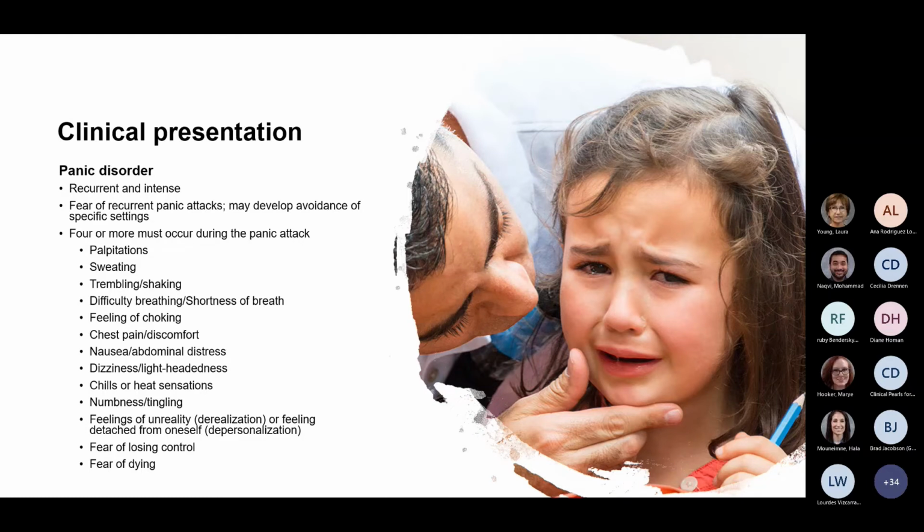Four or more of the following somatic symptoms must occur during a panic attack, and those are listed here: palpitations, sweating, trembling, shaking, difficulty breathing, feeling of choking, chest pain, discomfort, nausea, abdominal issues, dizziness, lightheadedness, numbness, tingling, feeling of losing control, fear of dying. So at least four or more of these must occur during a panic attack in order for a person to be diagnosed with panic disorder.